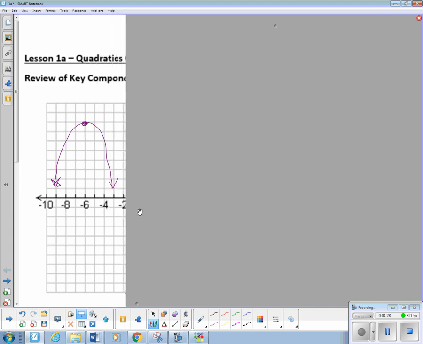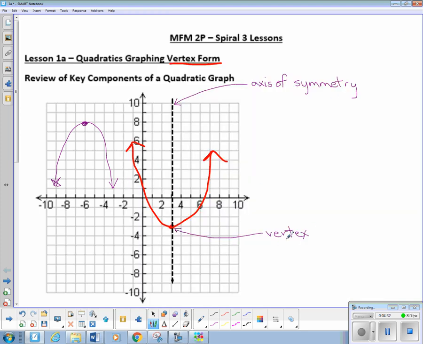It is going down. So the vertex is important in that sense. We say the vertex is almost like the starting point when we're graphing things. So I am going to put the words starting point, because actually we're going to use that as our starting point when we go to graph.